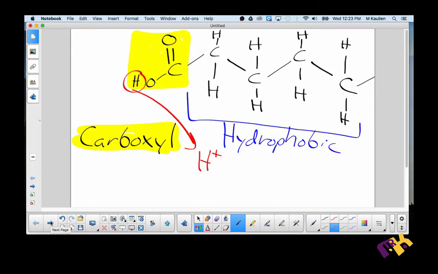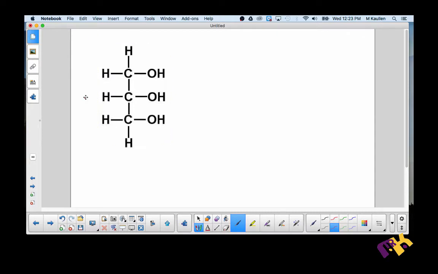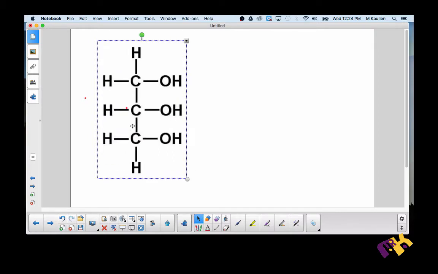All right, so we're going to make ourselves a phospholipid, no problem. First thing is, we need to start with glycerol. This is glycerol. It's 3 carbons in a chain, and then it has 3 hydroxyl groups on it. So that's OH, OH, OH. We're going to draw it this way because it'll be easier to sketch what happens as we move along.